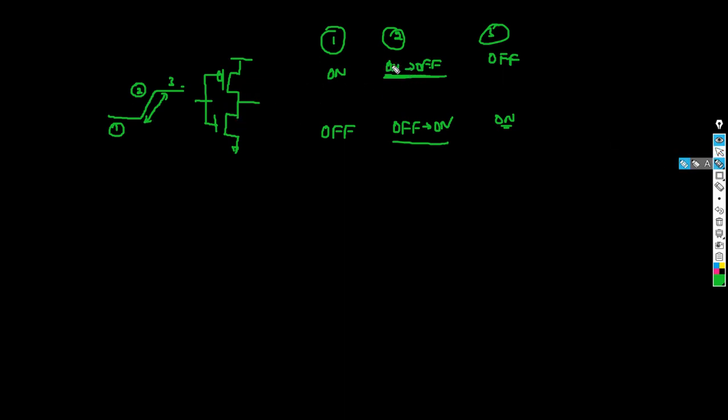One would be transitioning from on to off, and another one is going to be off to on. Now, during this time, at some point you will have a direct path between VDD and VSS. So this is something that we call I short circuit, for a fraction of a second.